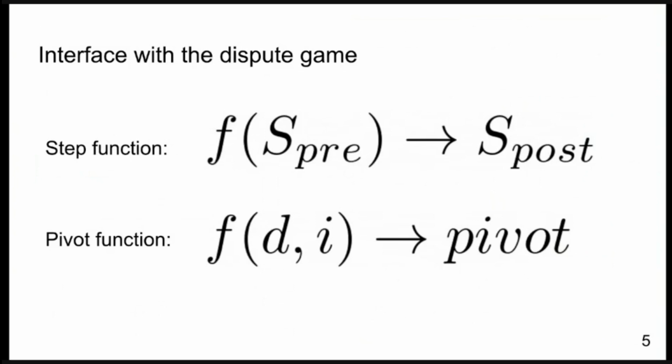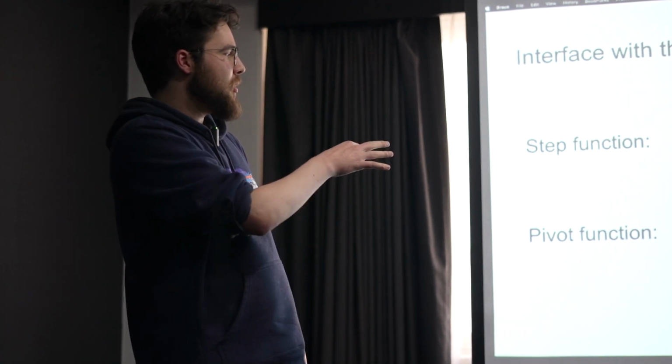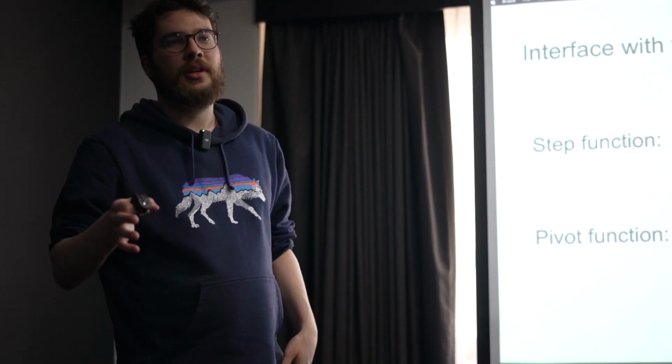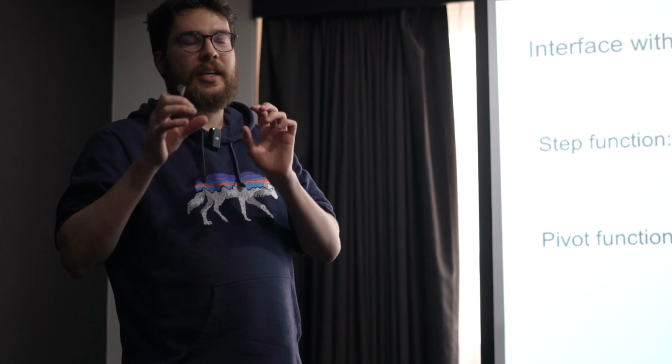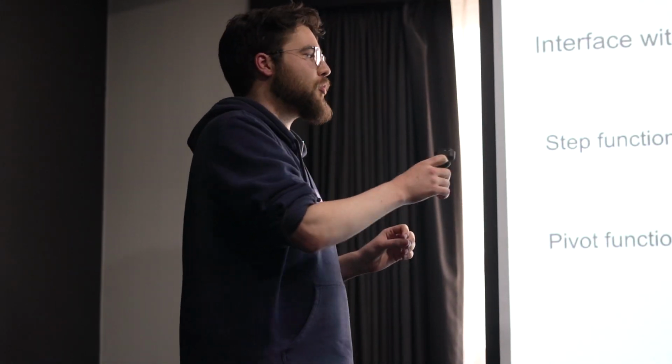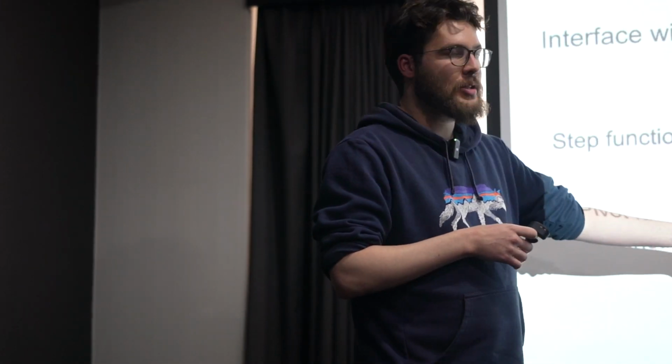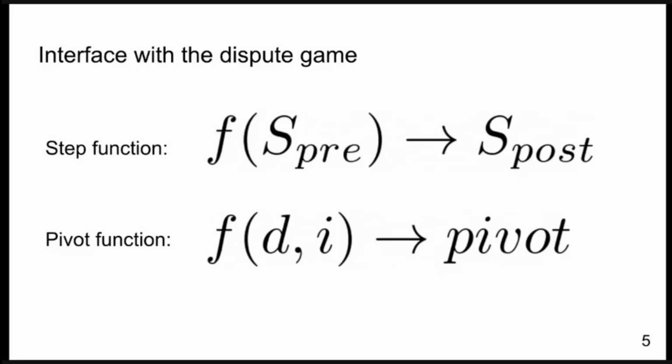And then there's this pivot function. This is the interface to make claims about the layer 2 state. The dispute game doesn't know anything about layer 2. The pivot function exposes what the state is at any particular point in time in the trace, based on the depth and based on an index.